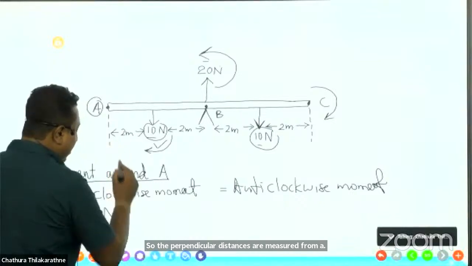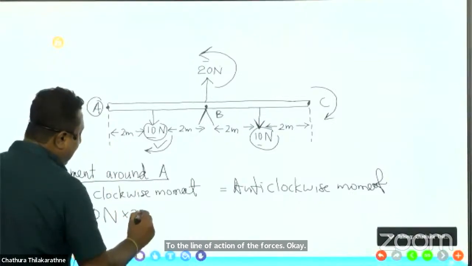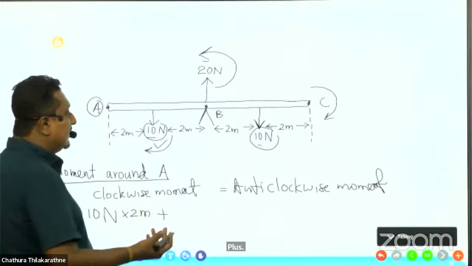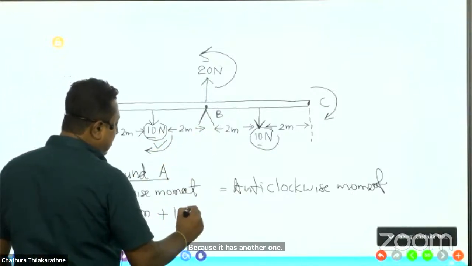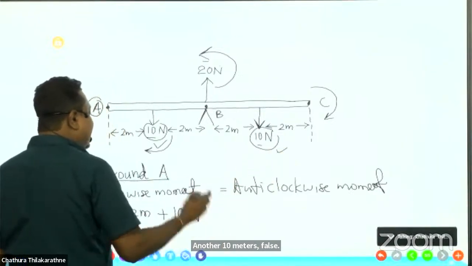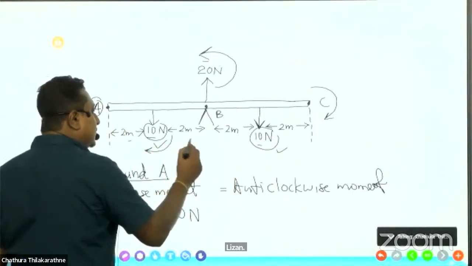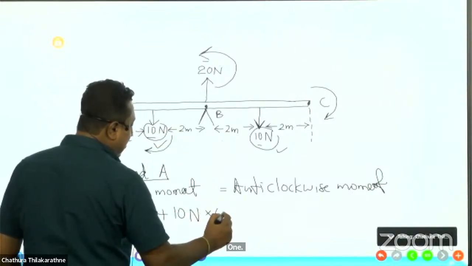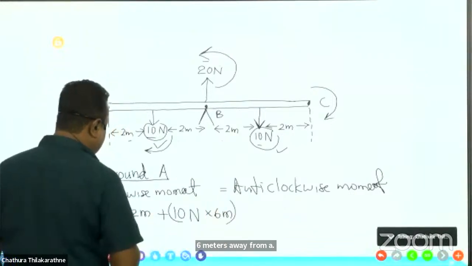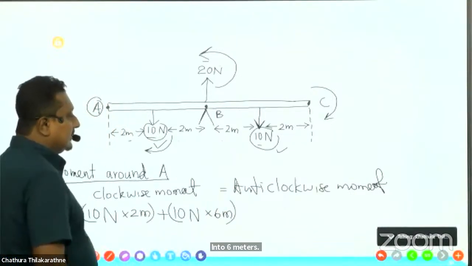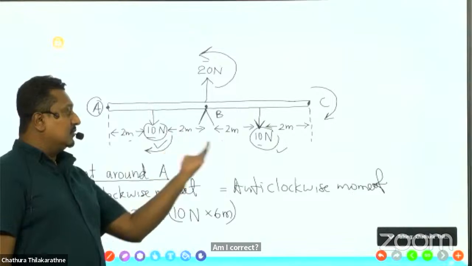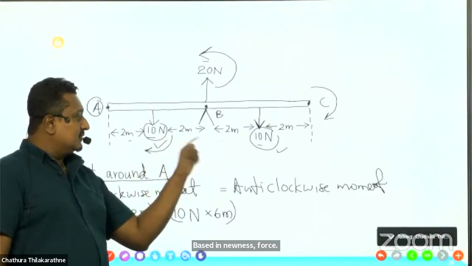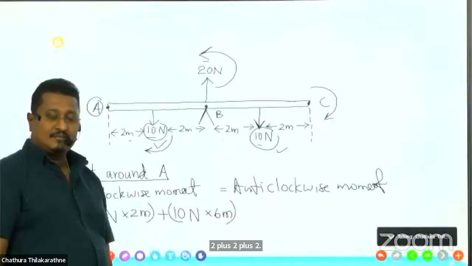This other 10 newtons of force is 2 plus 2 plus 2, 6 meters away from A. Count the distance from A to this 10 newtons force. 6 meters.